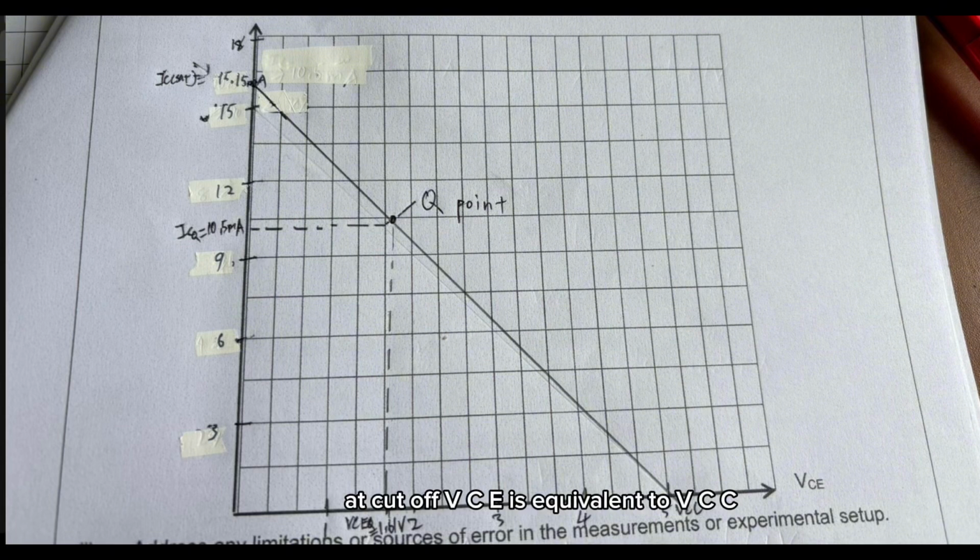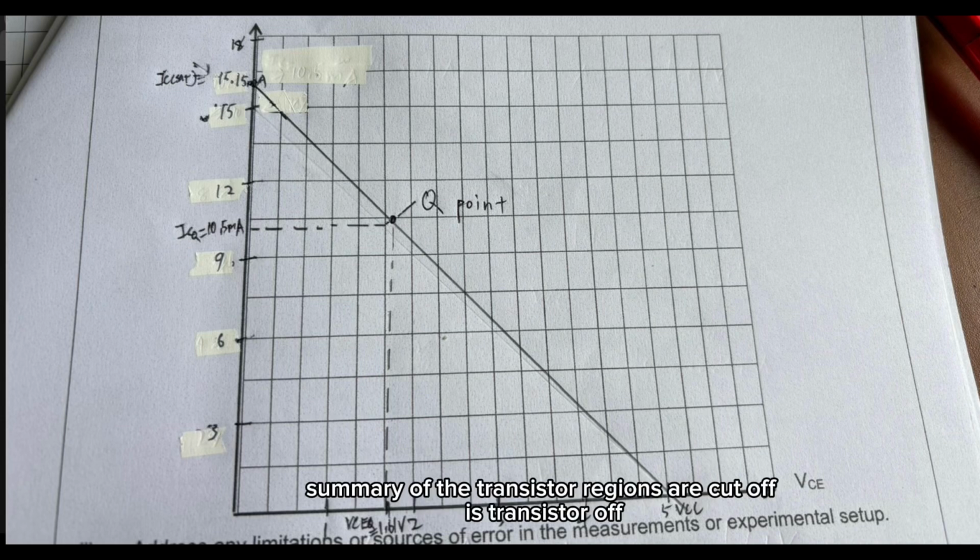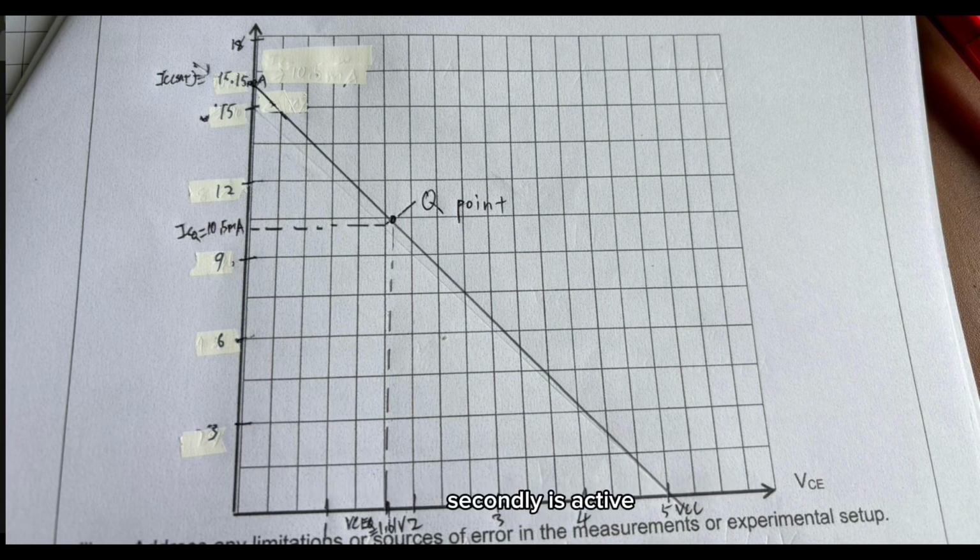At cutoff, VCE is equivalent to VCC. Summary of the transistor regions: cutoff is transistor off. Secondly is active, which we can apply in the amplification region. Thirdly is saturation, which we call the transistor fully on.